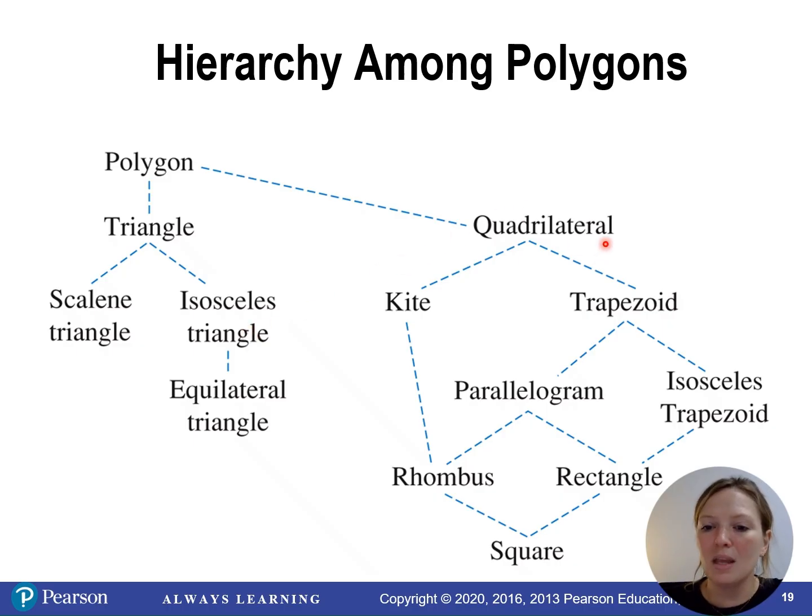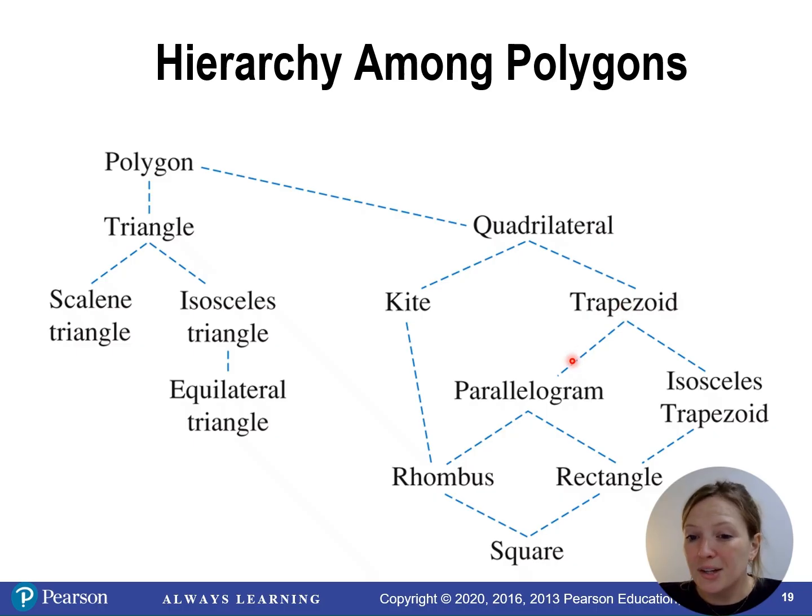On the quadrilateral side, we have a bit more complex relationships. We can split the special kinds of quadrilaterals into kites or trapezoids. Kites are where we have pairs of adjacent sides congruent, and trapezoids are where we have at least one pair of opposite sides parallel.